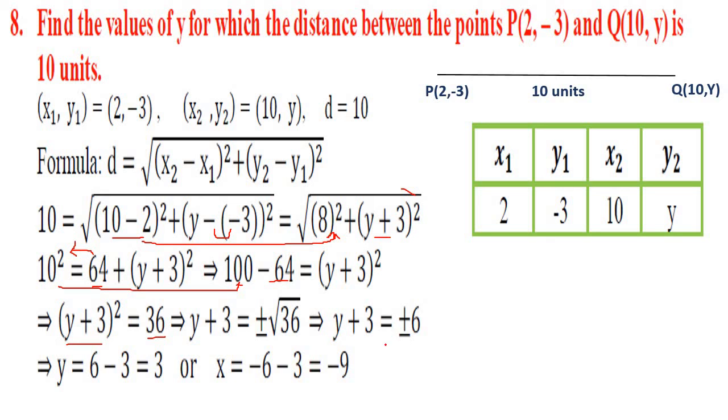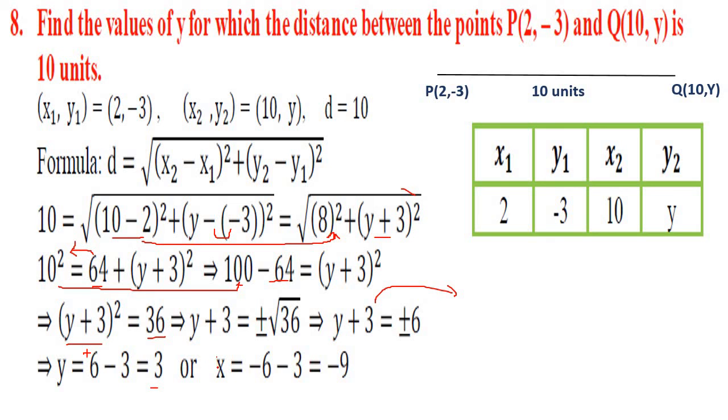So y plus 3 is equal to plus or minus the square root of 36, so y plus 3 is equal to plus or minus 6. Then transpose 3 to the RHS, so y is equal to plus 6 minus 3, which is 3.